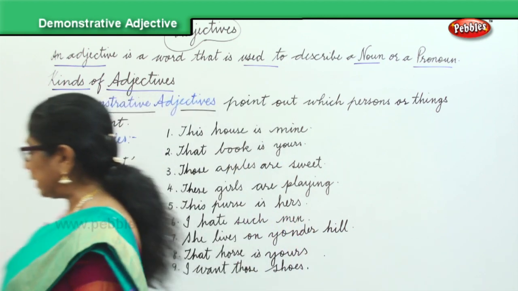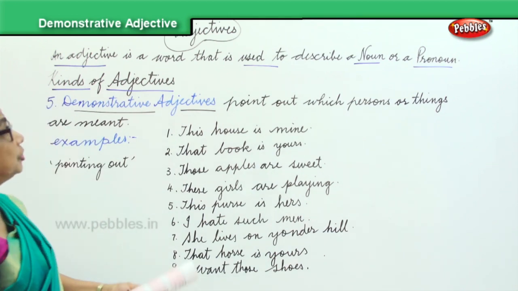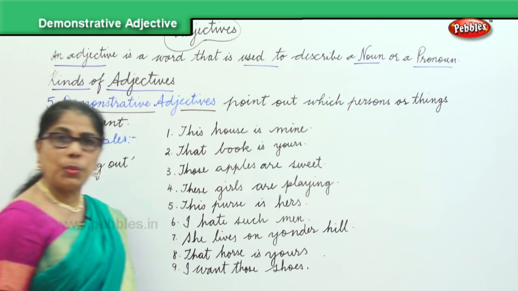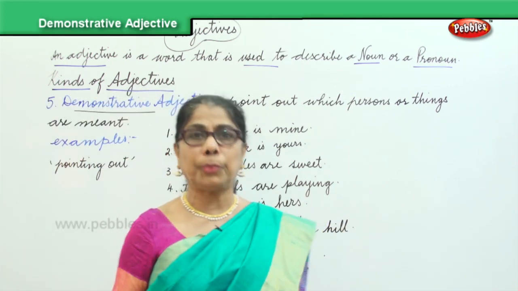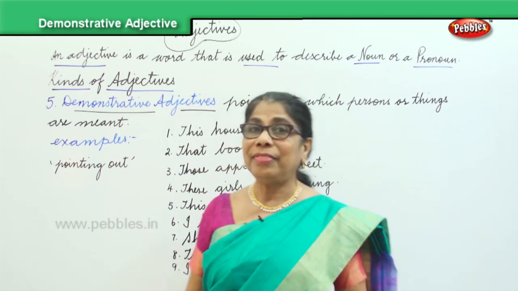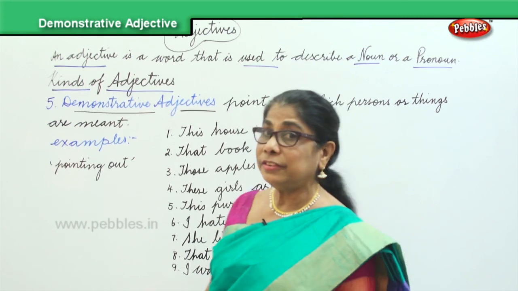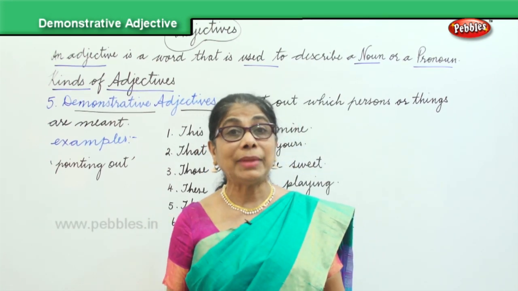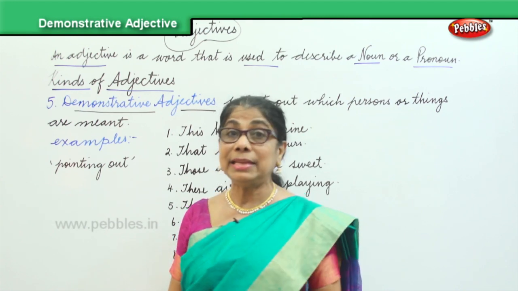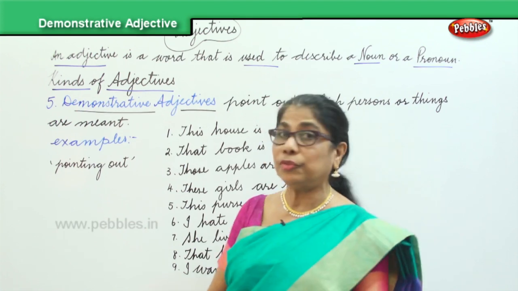Now, look at the sentences that I have done for you. We are talking about adjectives. An adjective is a word used to describe a noun or a pronoun, and we said there are together six kinds of adjectives. We have done adjectives of quality, quantity, number, and distributive adjectives.